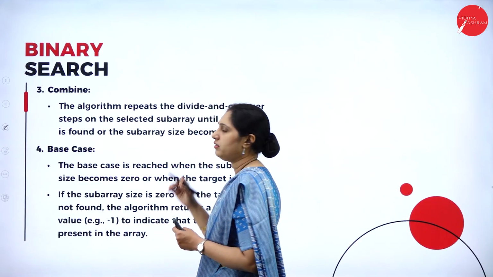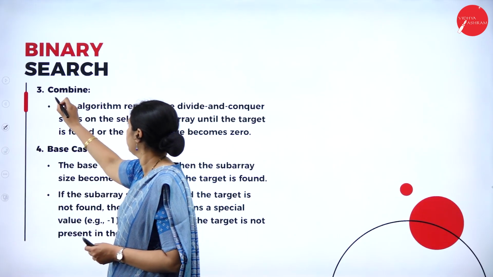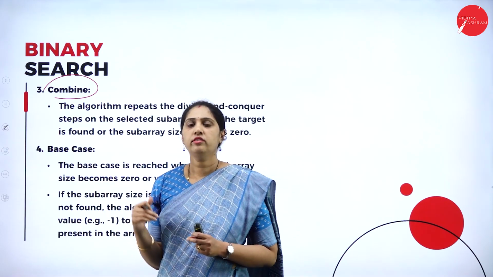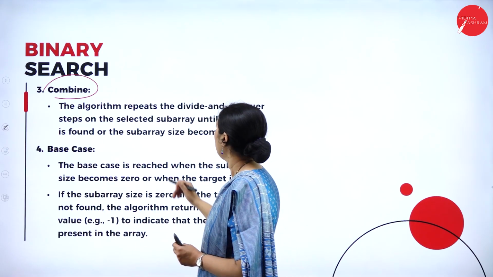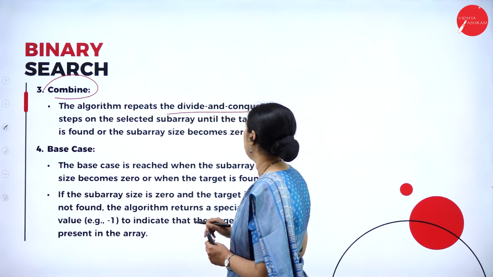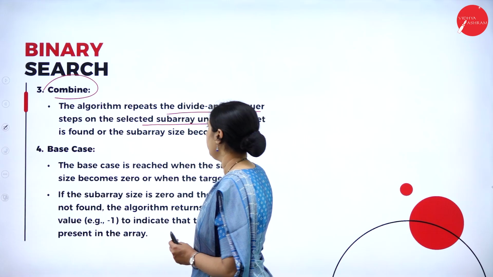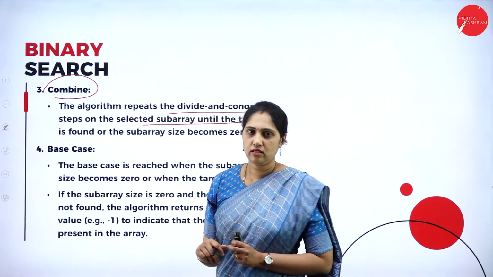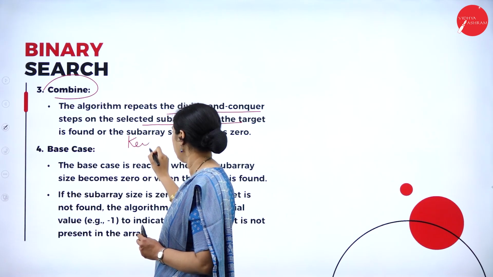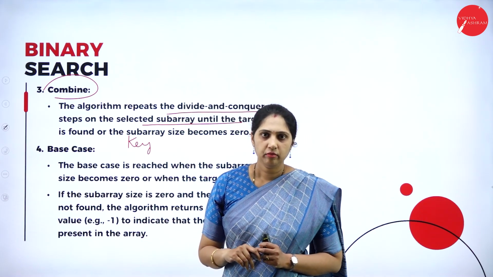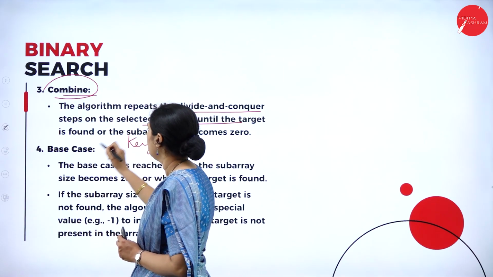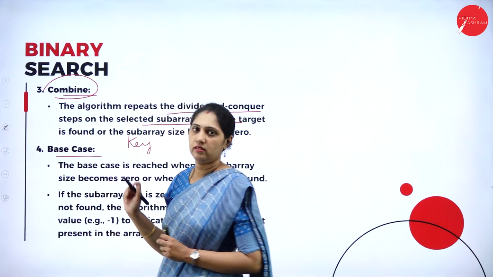Next, the third is combine. We have conquered, we have solved it, then we have to combine it. The algorithm repeats the divide and conquer steps on the selected subarray until the target is found. Until you get the mid element, that is key is equal to that element, it will keep on combining. Then what is the base case?